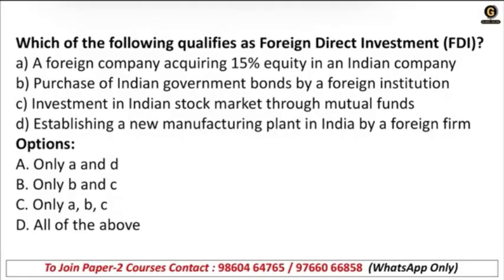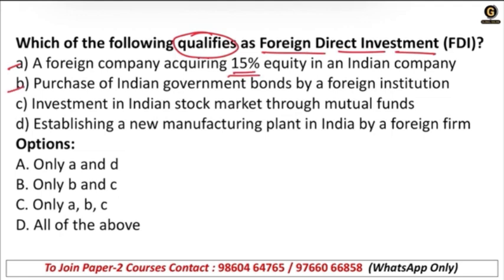Which of the following qualifies as a foreign direct investment? So four options we have, and one, two, three or maybe all of them may be stating that this is FDI. A, a foreign company acquiring 15% equity in an Indian company.